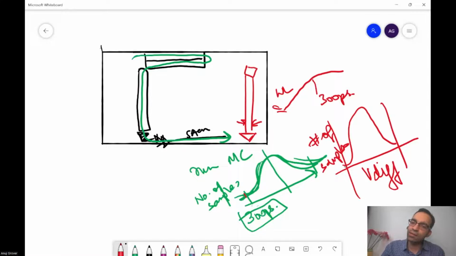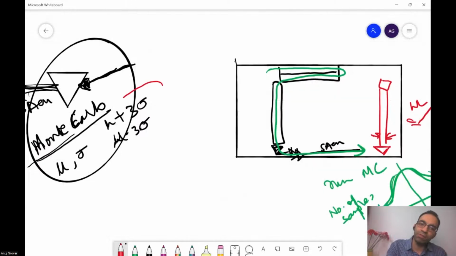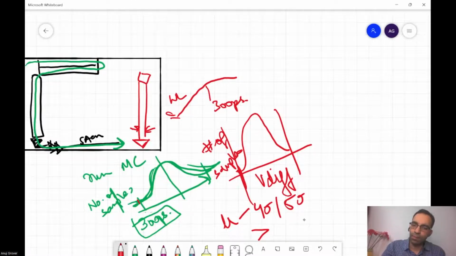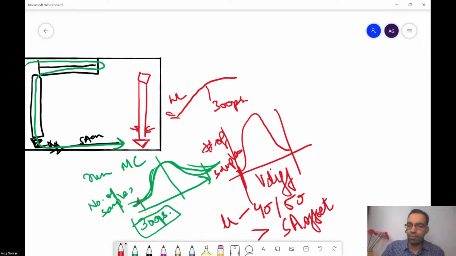I have to ensure that the minimum VDIF, or let us say nominal minus 4 sigma or 5 sigma, is greater than the sense amplifier offset that we talked about here. So we will discuss this tomorrow in the class also.